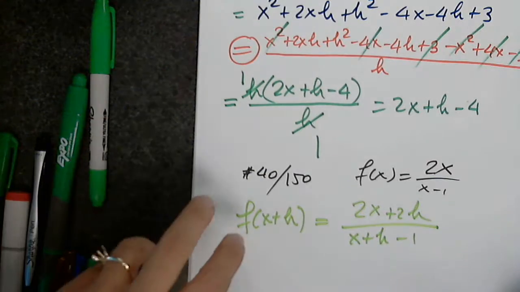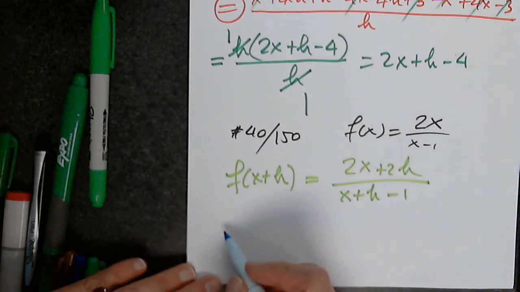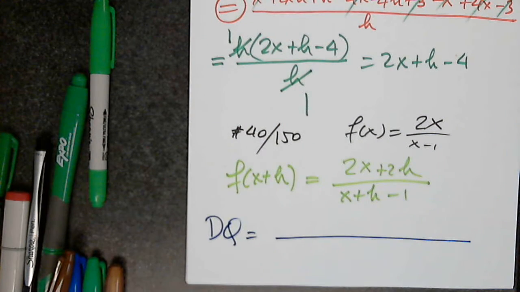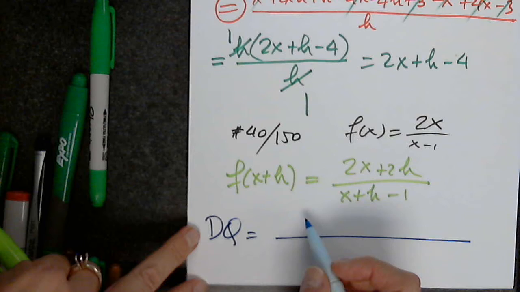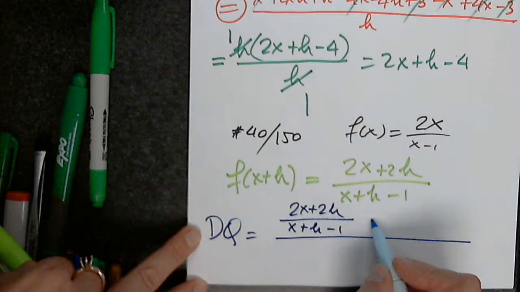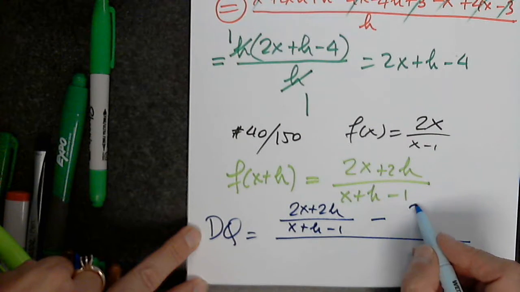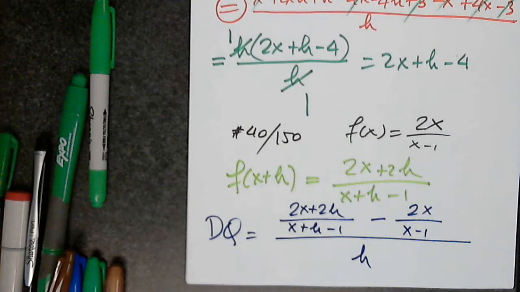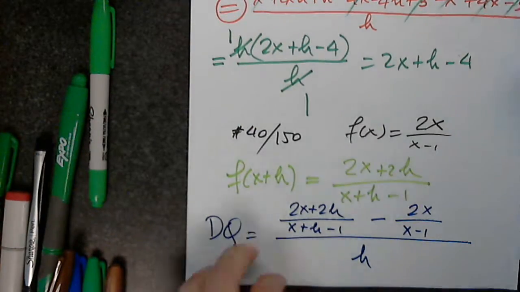Can anyone dictate so we can see how the difference quotient looks for this function? f of x plus h, which is 2x plus 2h over x plus h minus 1, minus f of x, 2x over x minus 1. Very good. Over h. Good. We know how to deal with this because we reviewed complex rational expressions. So I'm waiting for the simplified form.